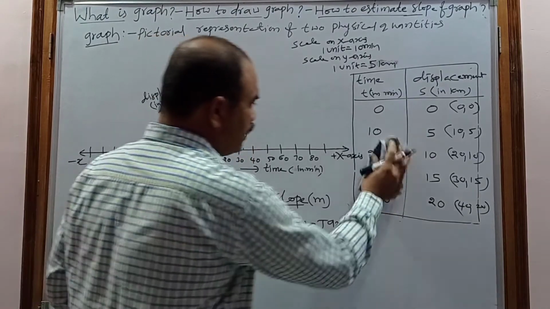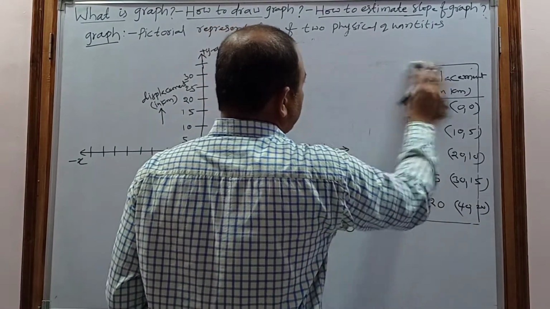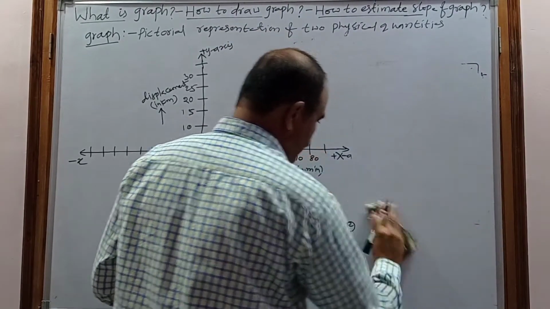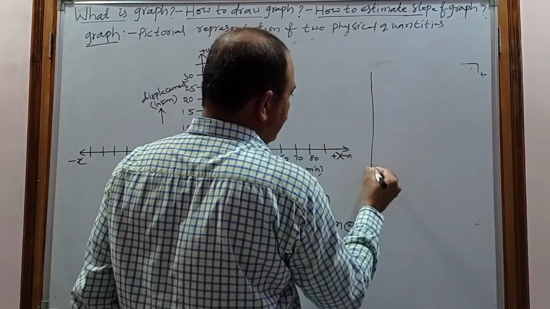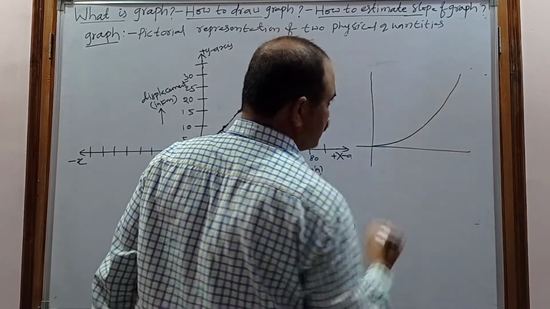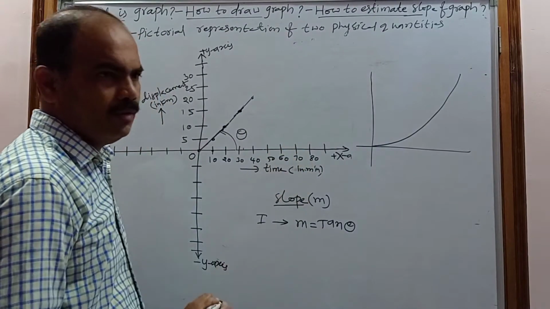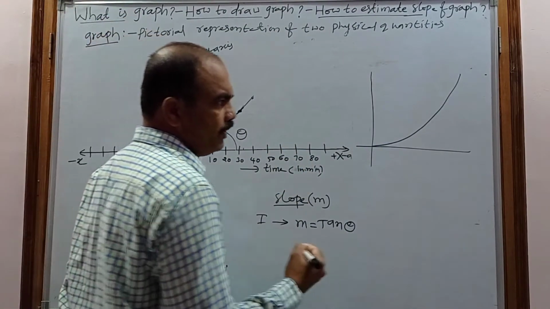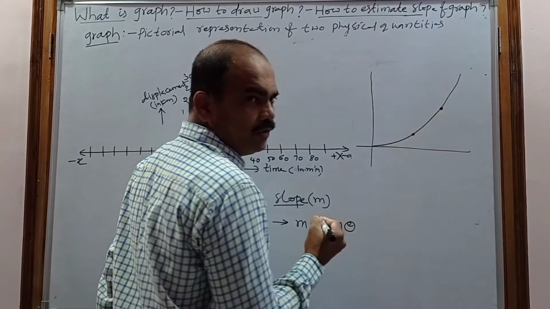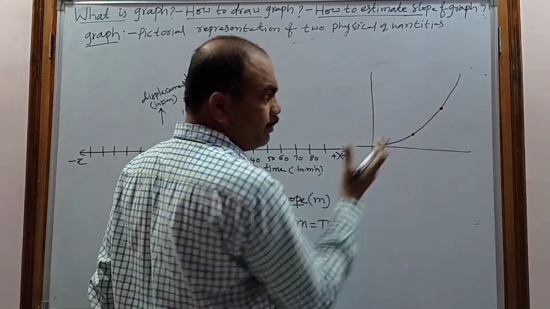If you get a curved line, for example like this, how can you estimate the slope? First of all, you have to draw the tangent at 2 different points.